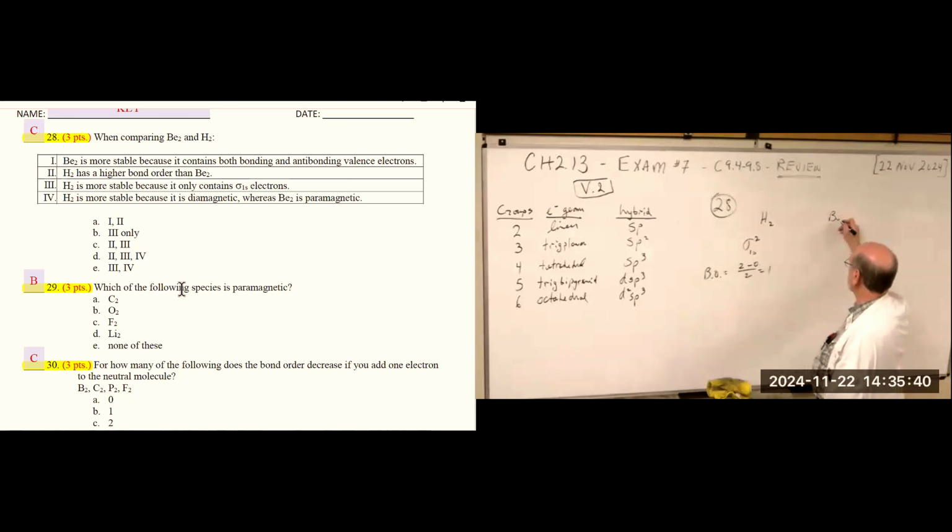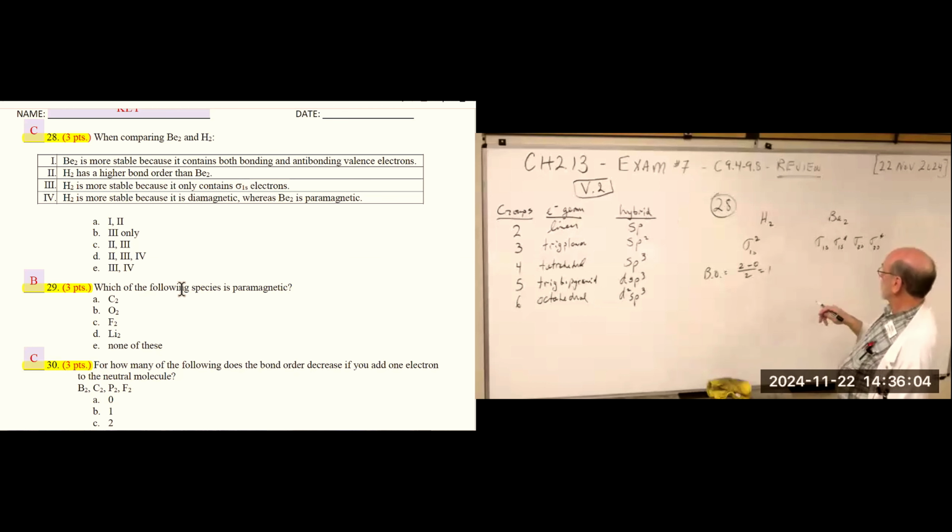How about beryllium? Beryllium 2. Okay. So beryllium has 1s and 2s. So beryllium is sigma 1s, sigma star 1s, sigma 2s, and sigma star 2s. So how many total electrons does beryllium have? Well, let's see, it has 4.